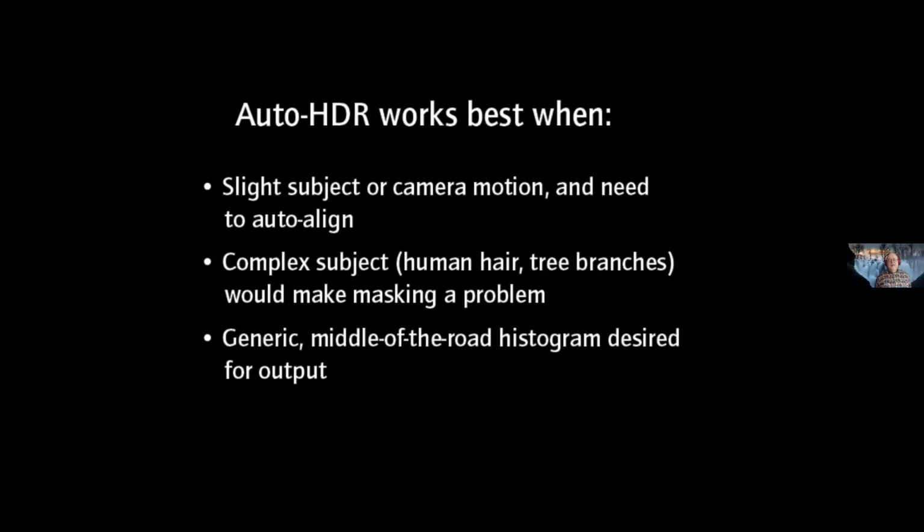So if you're in a situation where there's a lot of things like tree branch tracing or a delicate hair or something like that, you really don't want to try to mask it. That's typically a nuisance, and an automatic HDR program can do well there.